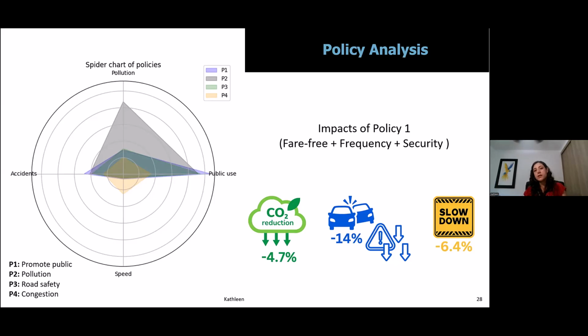We are using, in this case, travel speed in the system as a proxy for traffic congestion, and none of these interventions were effective in that sense. In this case, more people were using public transportation, which has a lower travel speed, and on average, that decreases the whole speed in the system.